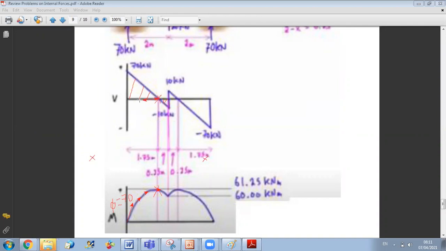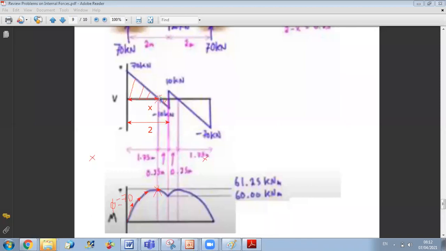If you call this length, which I don't know, x, so this is x, and this distance is known to be 2 meters. So you have 2 from here to here. From this point to this point, you have 2 meters. And this is x, so the remaining small part here will be 2 minus x.